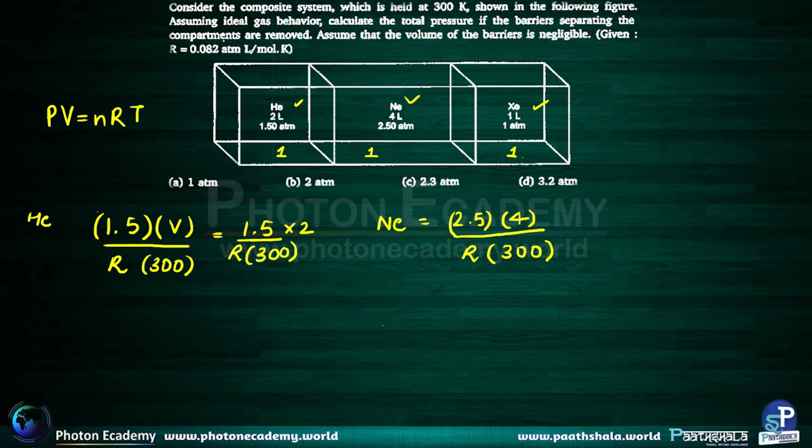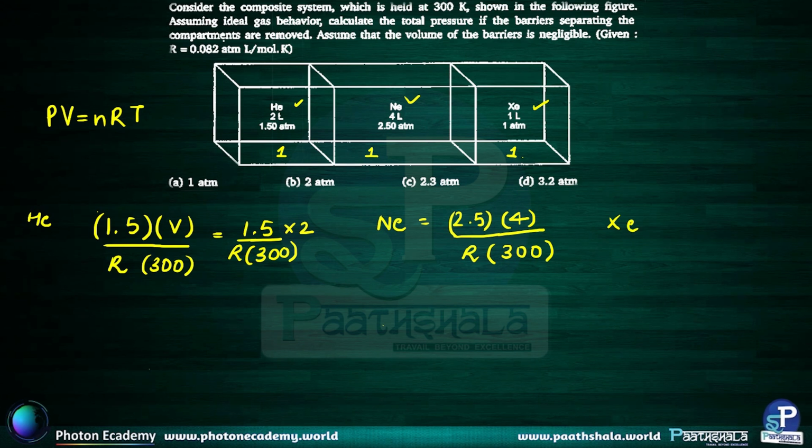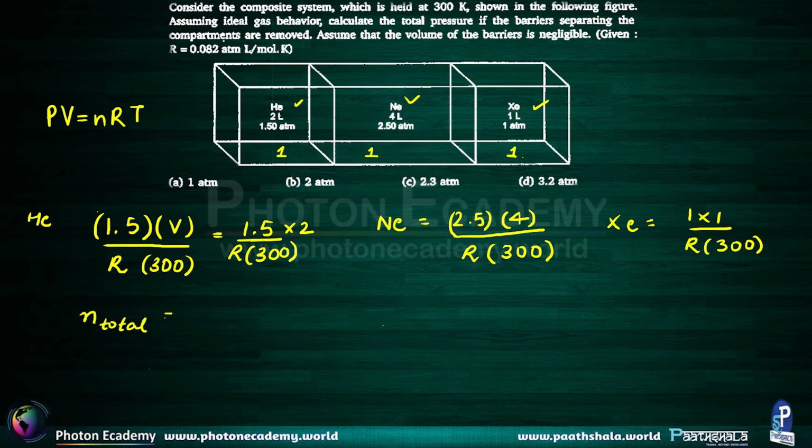Now for xenon, we have PV divided by RT. P is 1 atm, V is 1 liter, divided by R, and the temperature is again 300. So the total number of moles will be the number of moles of helium plus the number of moles of neon plus the number of moles of xenon.